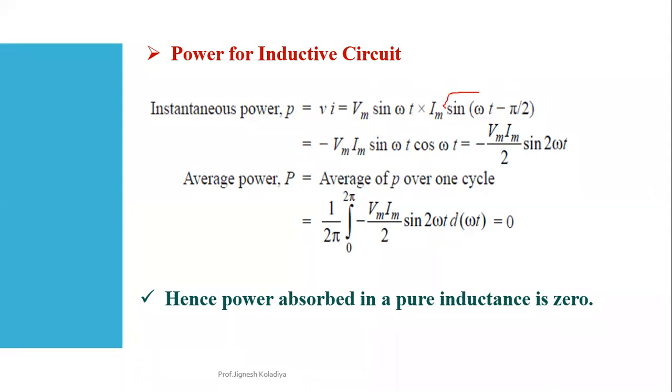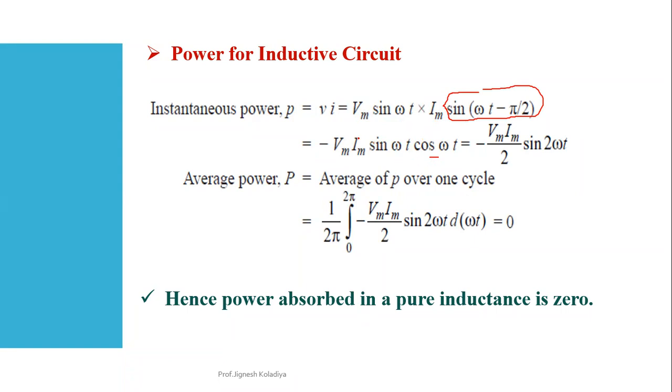Sin omega t minus pi by 2 can be written as minus cos omega t. Okay, so finally I have Vm into Im sin omega t into cos omega t.